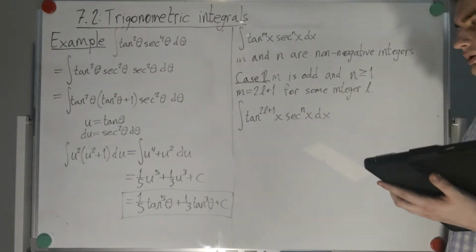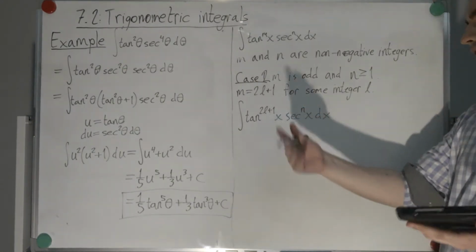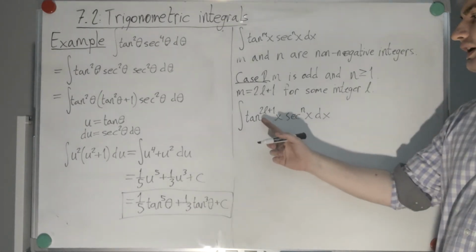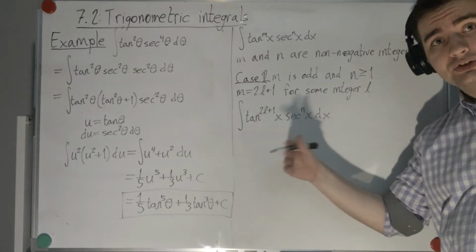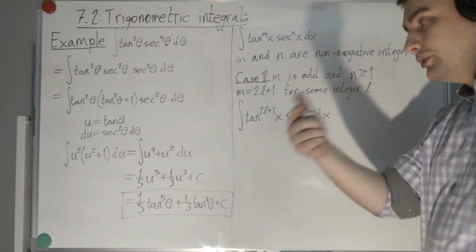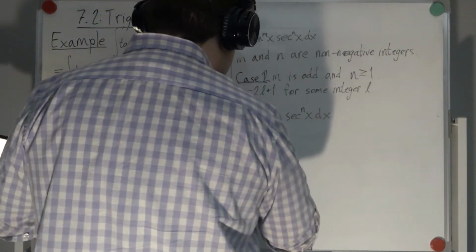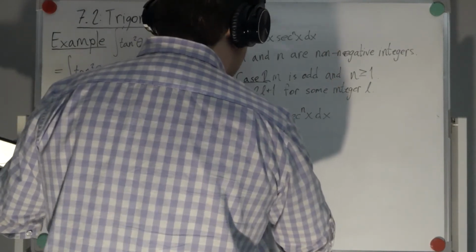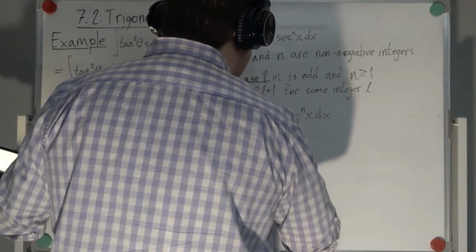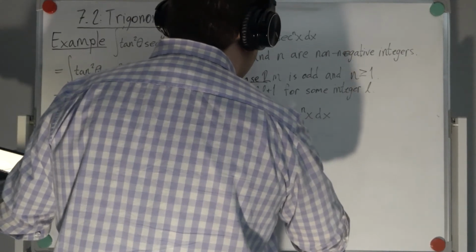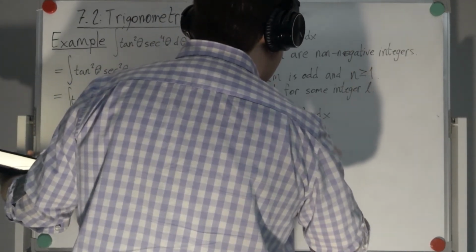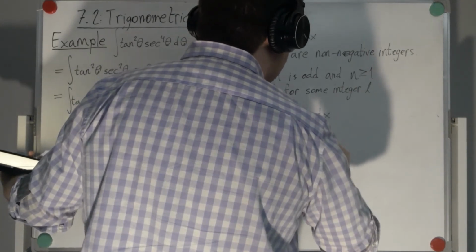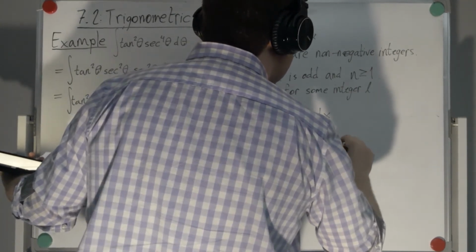Now, what we're going to do is, once again, take out one factor of tangent here, and then the rest of this is going to be tangent squared raised to a power. So let's do that first. So this is the integral of tangent squared x raised to the l power times secant to the n of x times tangent of x dx.